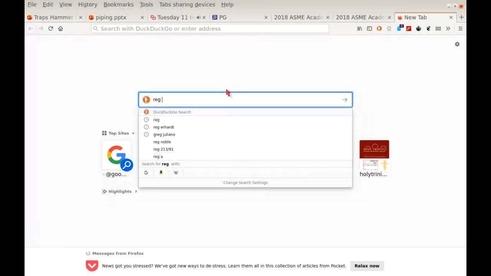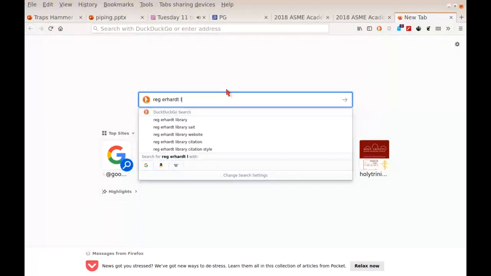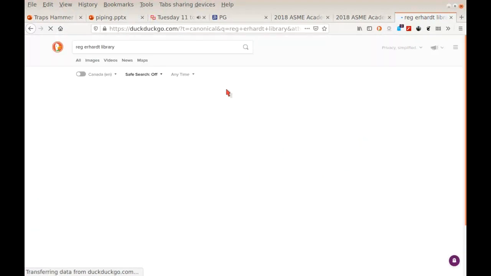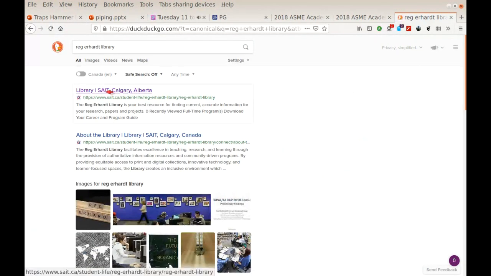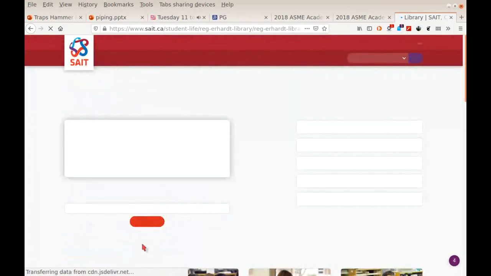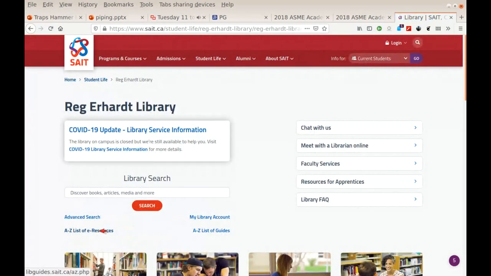Now, then the other thing is, of course, you can do this. Share application screen. Let me put this back on. Allow. And I was telling people, now you might have to take your computer to school with you when you go to lab, okay? Go to the Reg Earhart Library online. And then you'll see that there's an A to Z list of e-resources.